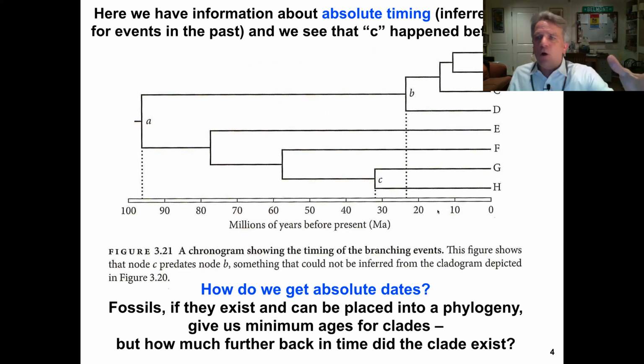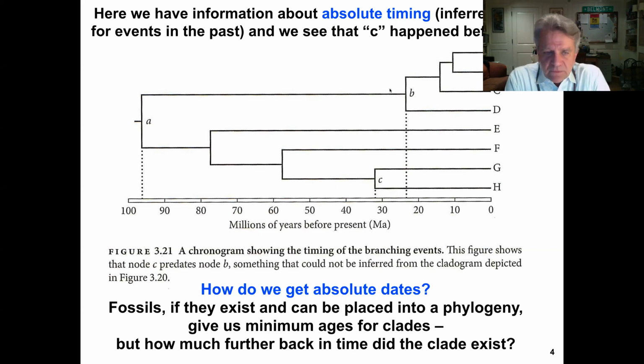Remember without age information, all we could say is that A happened before B and C, but in this case, we could see that the common ancestor depicted at node C is estimated to be older than the common ancestor depicted at node B.